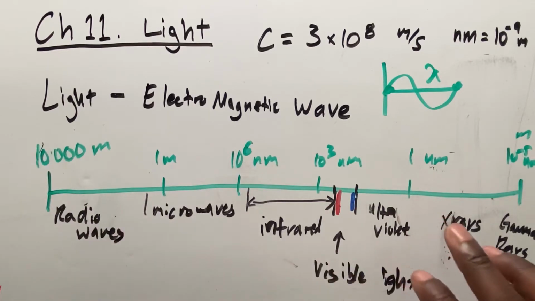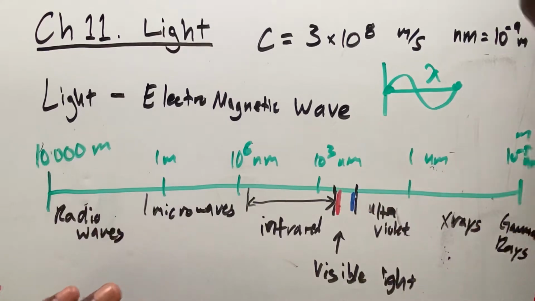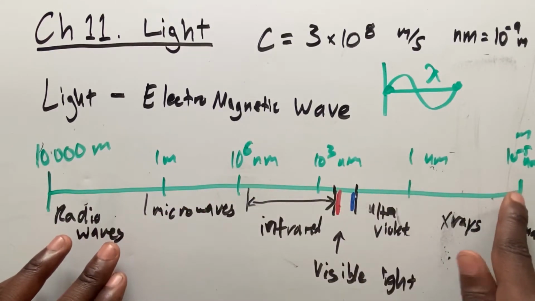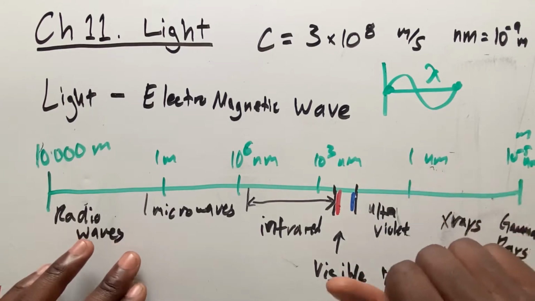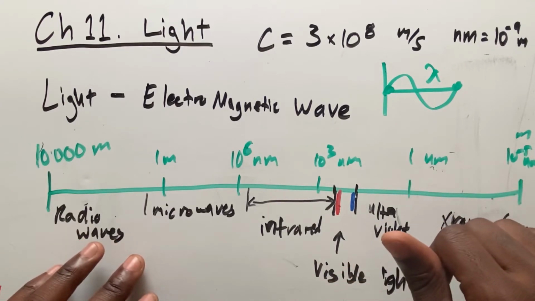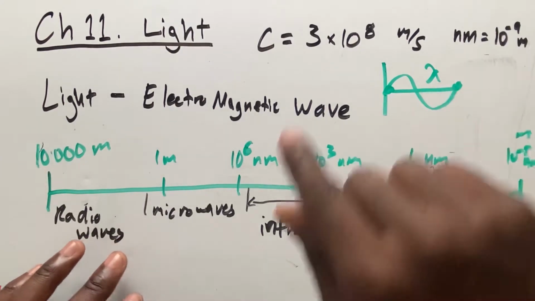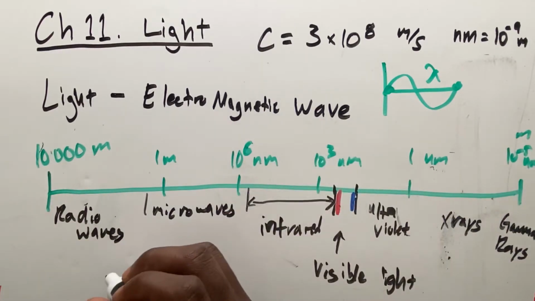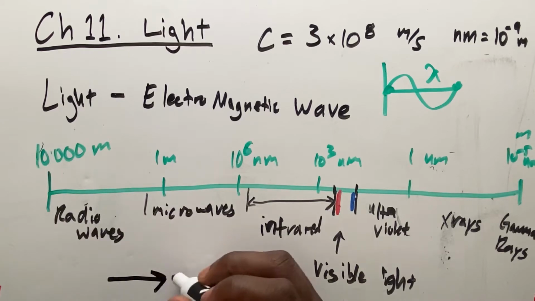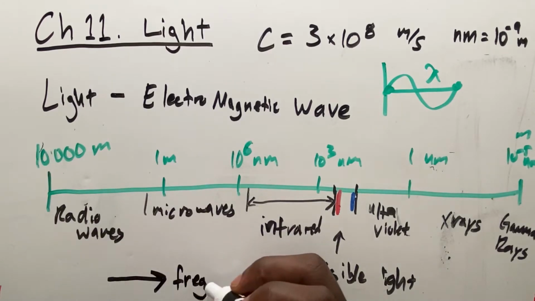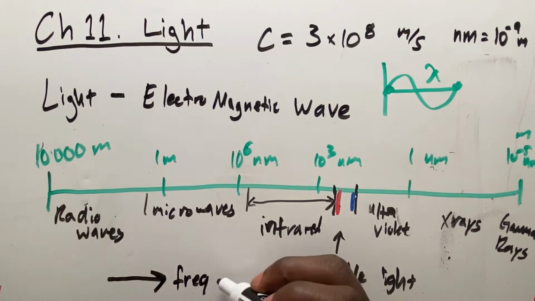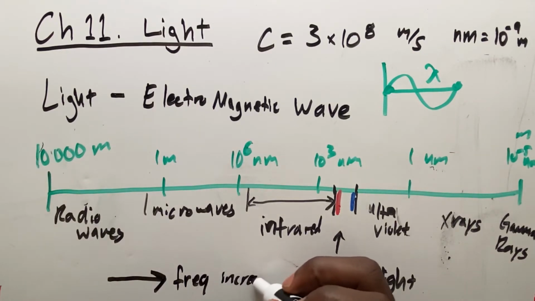So I guess the last thing I want to say about this is, as the wavelength decreases, the frequency is going to increase, right? So let me write that. As it goes this way, frequency increases.